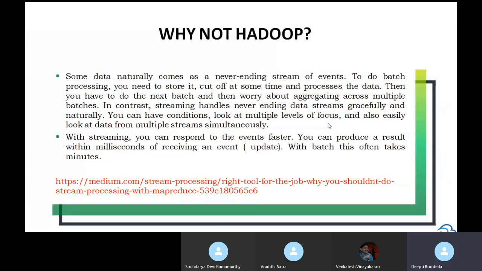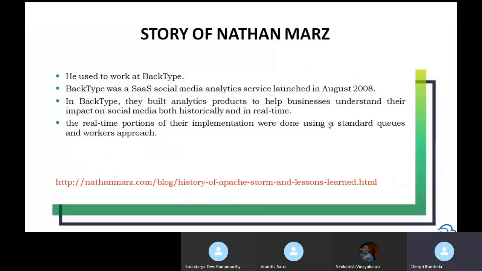So what can be used and what was used previously? We'll see to it. Nathan Marz is the person who created Storm, and let's go into his story. He worked at Backtype, and he used to build business models over there. They used to work on both historical and real-time data. The real-time portions were implemented using the standard queues and workers approach.